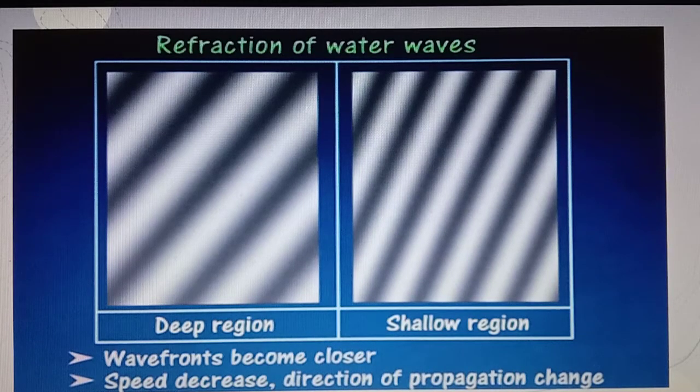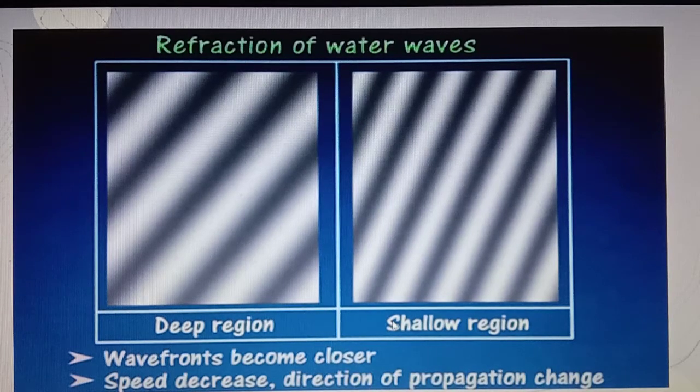So for the deep region, you can see the wavefront, when it travels from the deep region to the shallow region like this, is further apart. When it travels into the shallow region, it becomes closer. So what caused this situation? Because the speed of water wave depends on the depth of water.